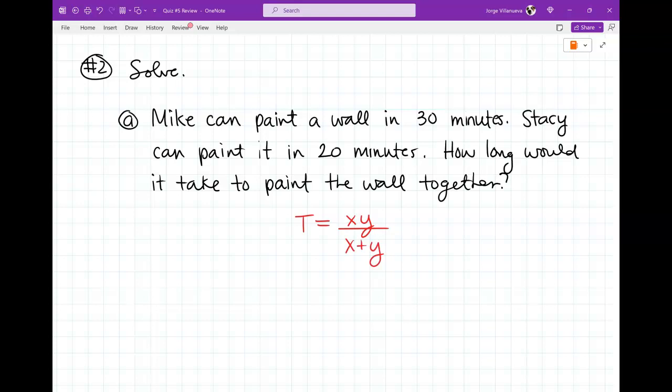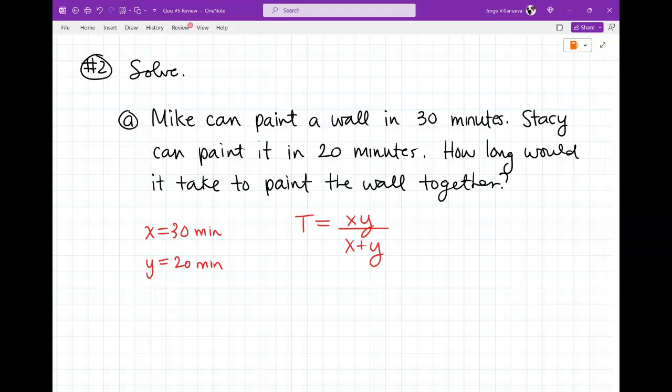So I need to know what x is, what y is, or what t is, depending on what they give me. So I know they say Mike, it takes him 30 minutes, so I'll let x equal 30 minutes. And then they say Stacy painted in 20, so I'll let y equal 20 minutes.